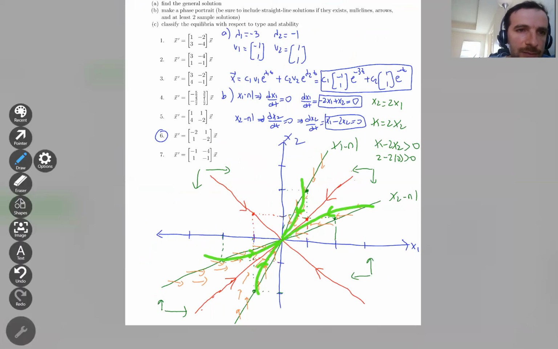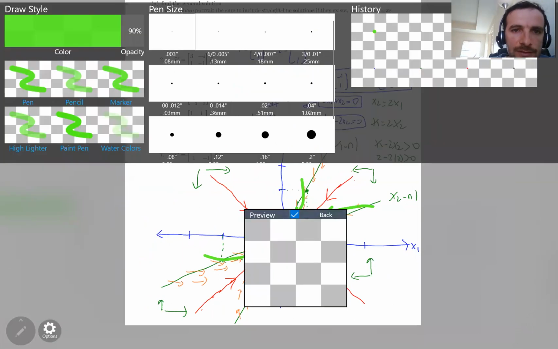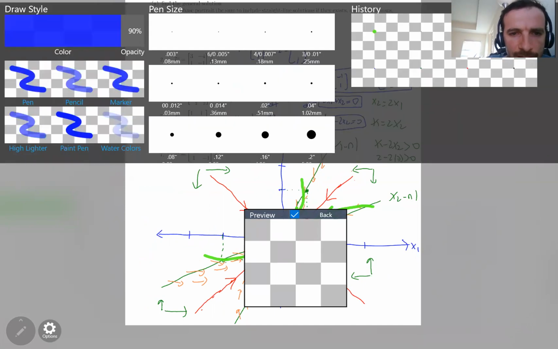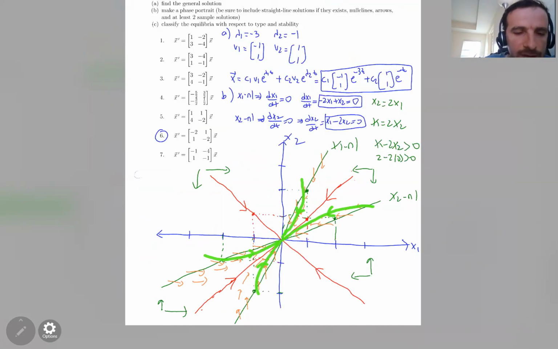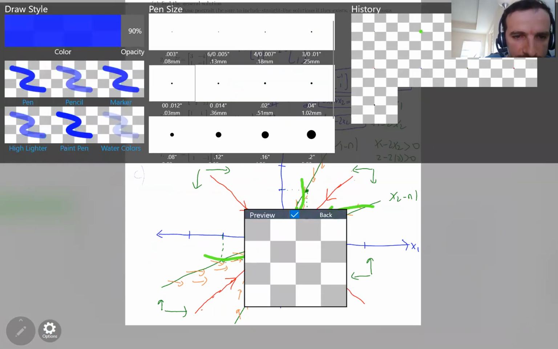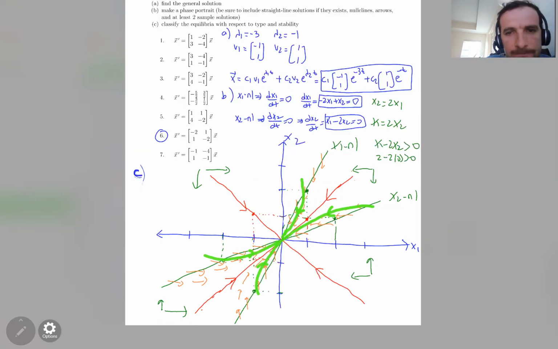Now what about the C part? Classify the equilibria.